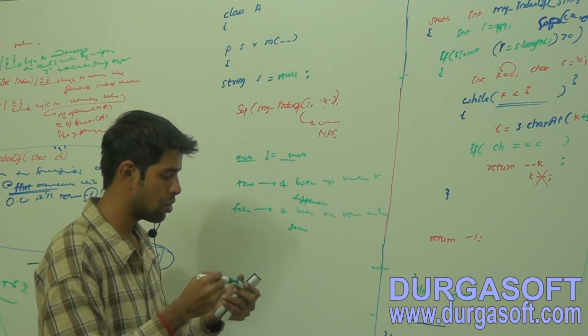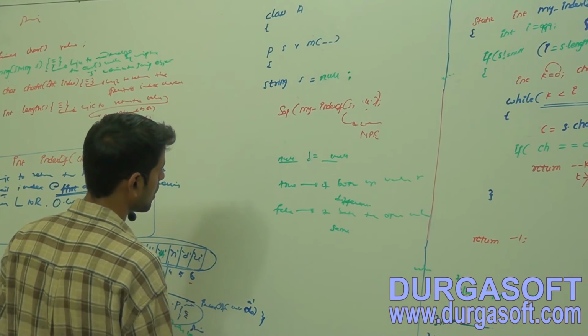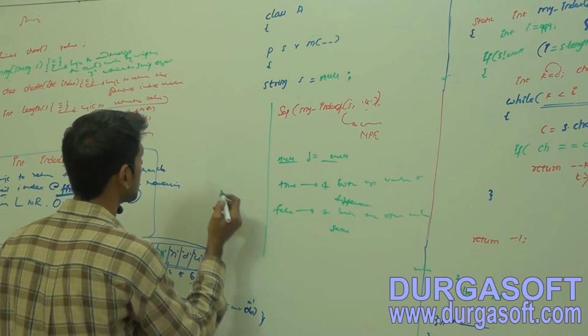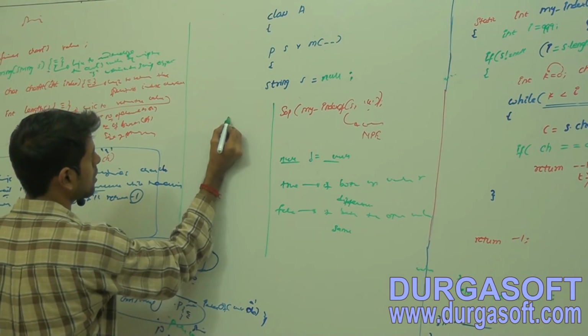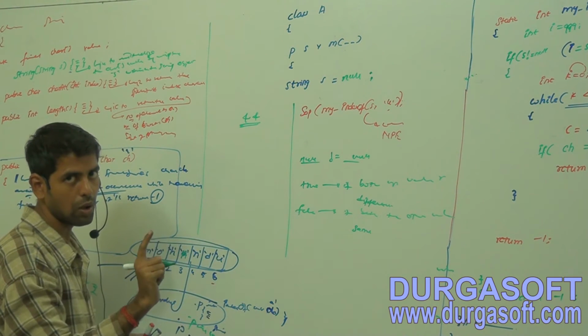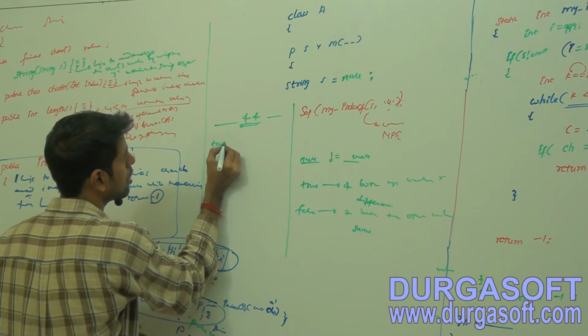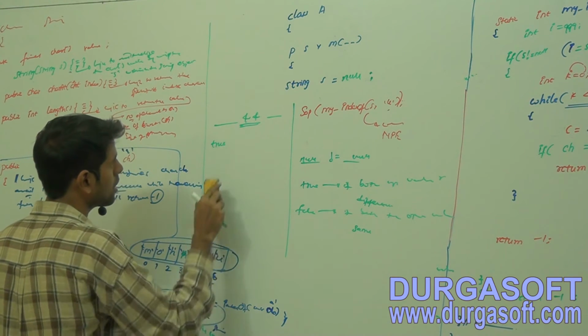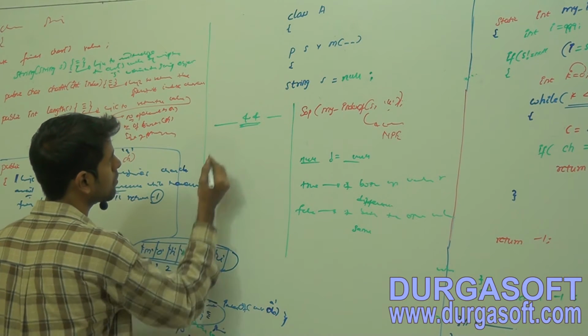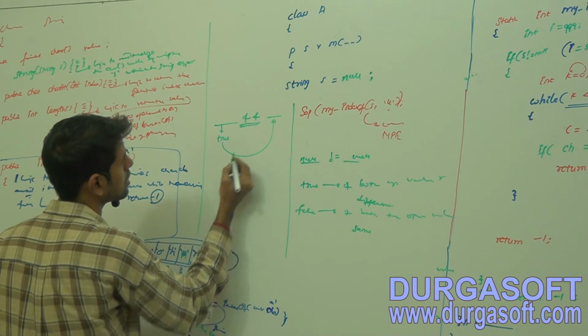Okay. Now one more small thing. Observe here, we have the short circuit AND, the logical AND operator. If this operand value is true, it will execute the next operand.